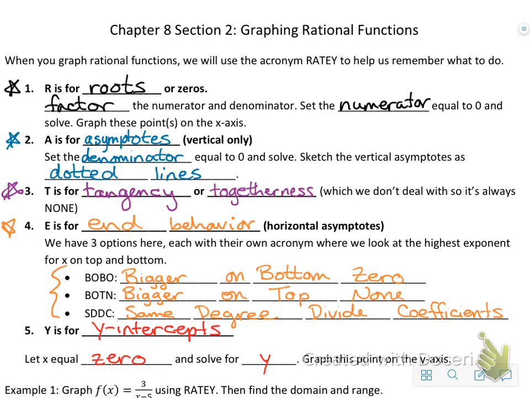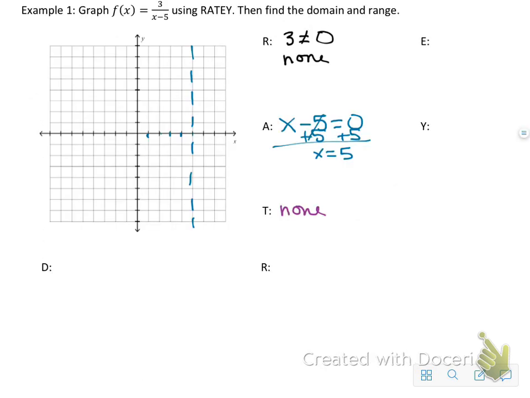This is super important, and you do have to have them memorized because you have to know when to use what. For instance, when we go to our E for 3 over x minus 5, that means that x on the bottom has this exponent 1, that imaginary exponent that's not written but is actually there.